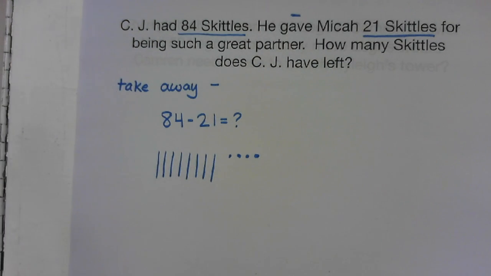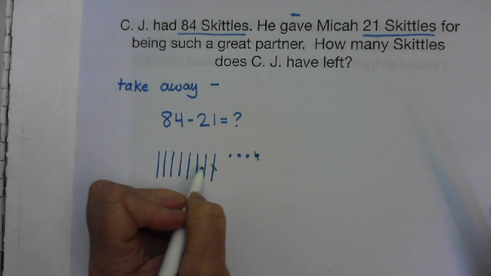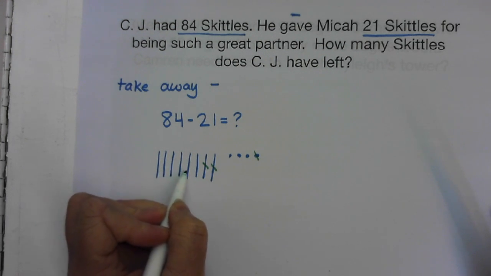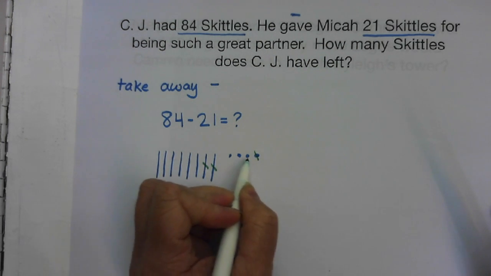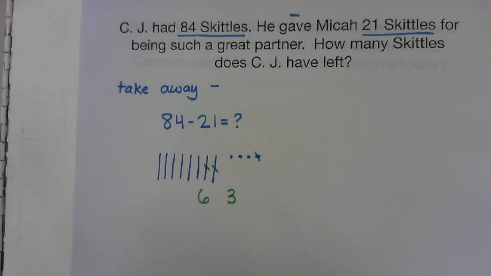And then I can subtract the 21 Skittles that CJ gave to Micah. There's 1, that makes 11, that makes 21. And I can see that we have 10, 20, 30, 40, 50, 60, 6 tens, 3 ones, Skittles left.